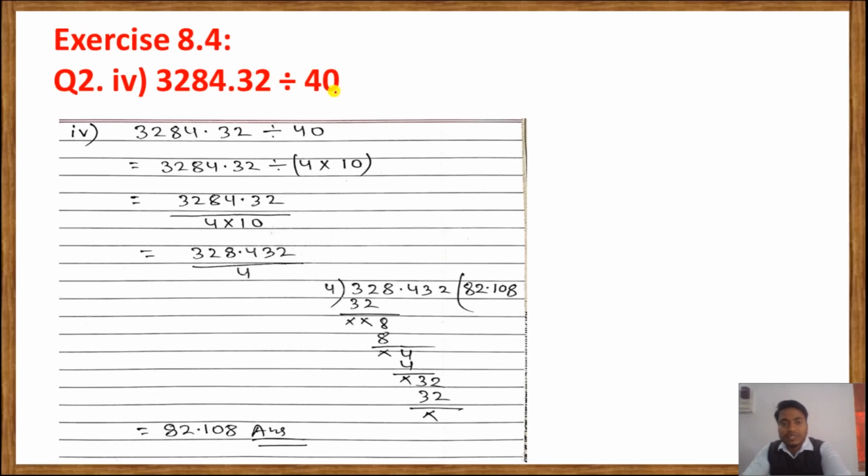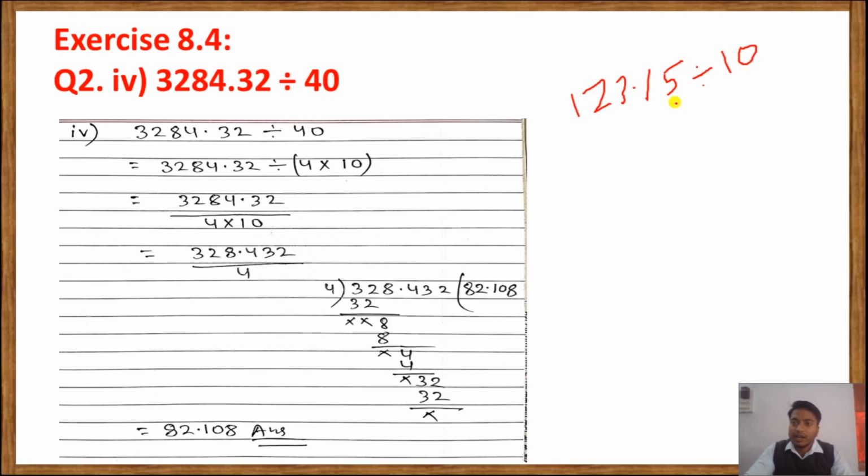Last day we have seen how to divide. Suppose we have 23.15, a decimal number, and this decimal number we have to divide by 10. How to divide? There's a rule we have studied.